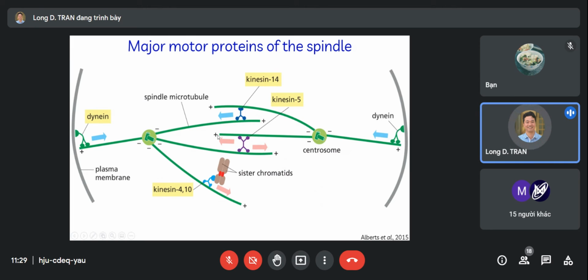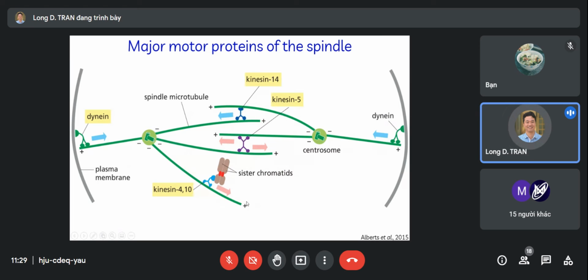And we also have the kinesin 14. Kinesin 14 is actually the only class of kinesin moving toward the minus end of microtubule, and it can be involved in the dynamics of the mitotic spindle. So I don't have the figure here.